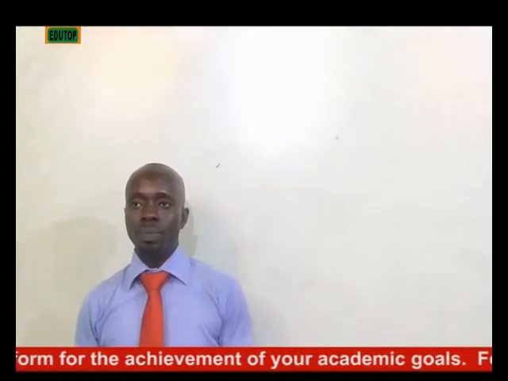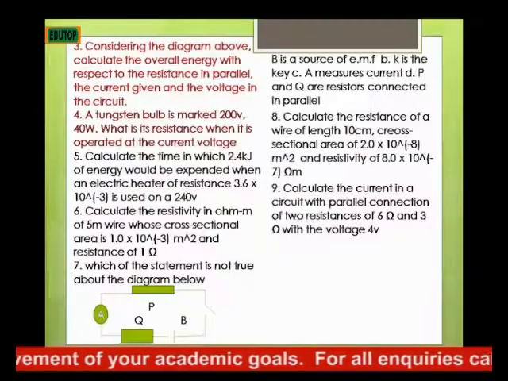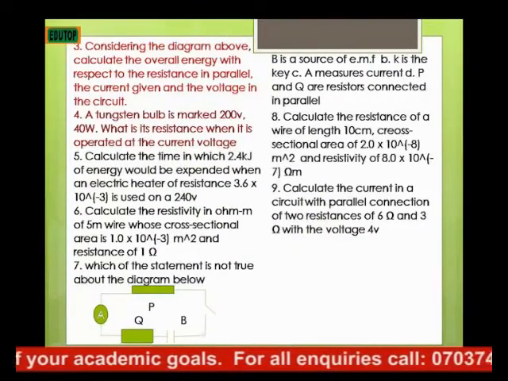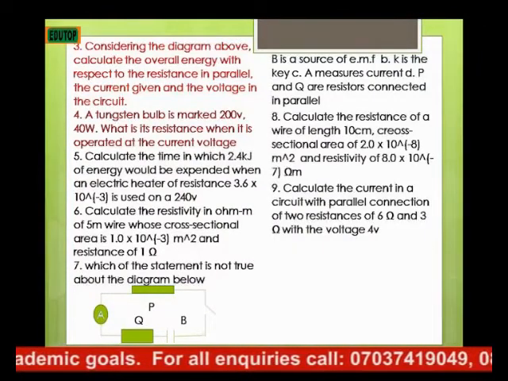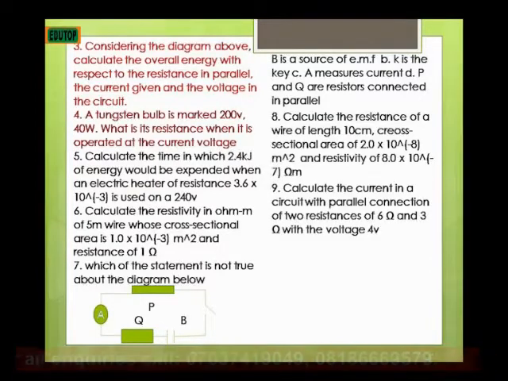So we'll go to another question here. That's question 5. It says calculate the time in which 2.4 kilojoule of energy will be expected when an electric heater of resistance 3.6 exponential minus 3 ohms with a voltage of 240 volts. That's the energy, 2.4 kilojoule.